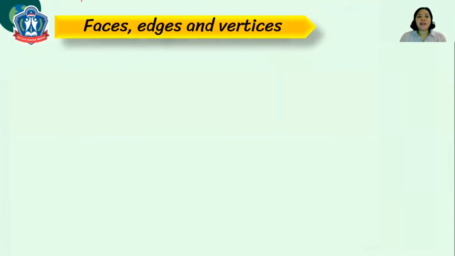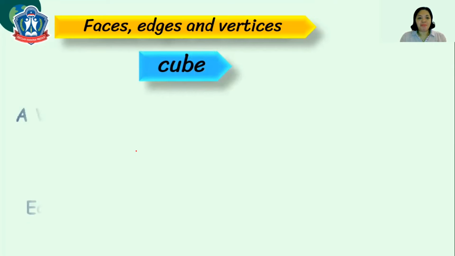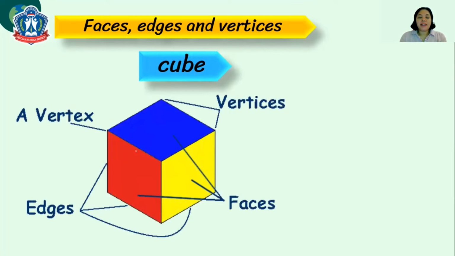Okay, now let's study the faces, edges, and vertices of a 3D shape. These are the properties of 3D shapes, and let's start with a cube. Take a look, this is our cube.